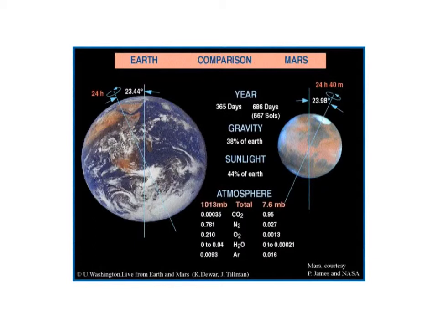Primary component of the atmosphere on Earth is nitrogen and about 20% oxygen. Atmosphere on Mars is mostly carbon dioxide. But what's really different is that the atmosphere of Mars is just incredibly thinner. It's less than 1% of the thickness of the atmosphere on the Earth.